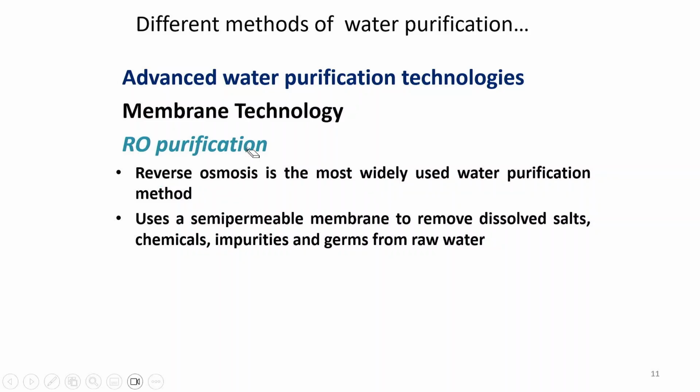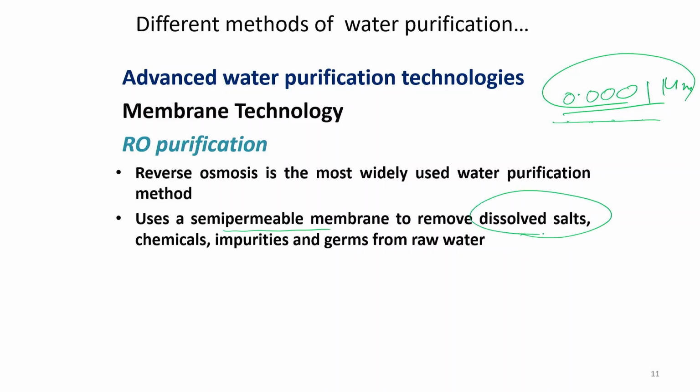Here we use a semi permeable membrane with a very small pore size. As we have discussed, it is the smallest pore size, 0.0001 micron. It can remove dissolved salts, dissolved chemicals, different types of impurities, and germs from raw water.